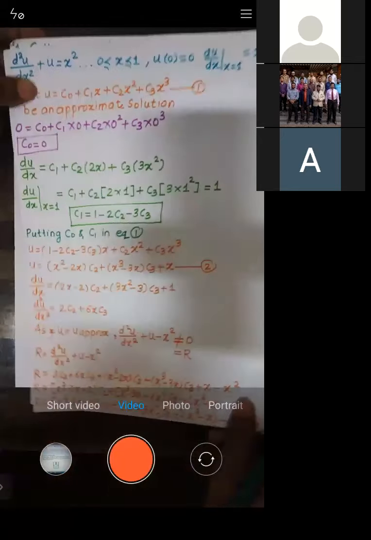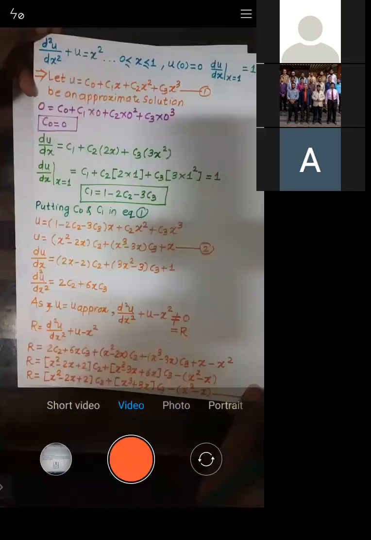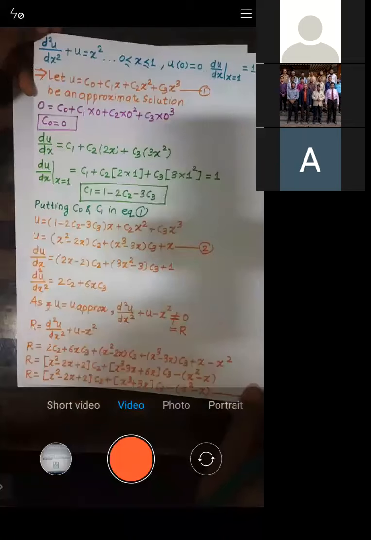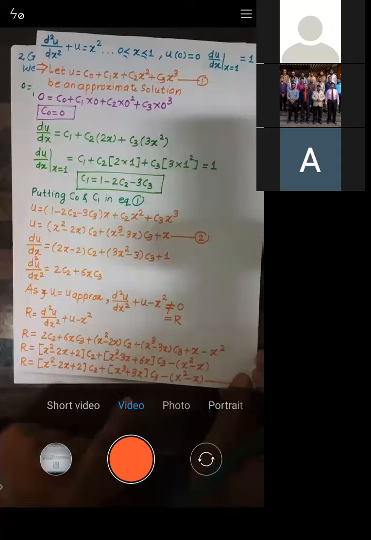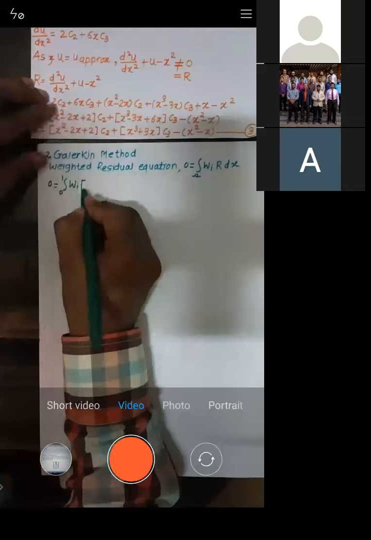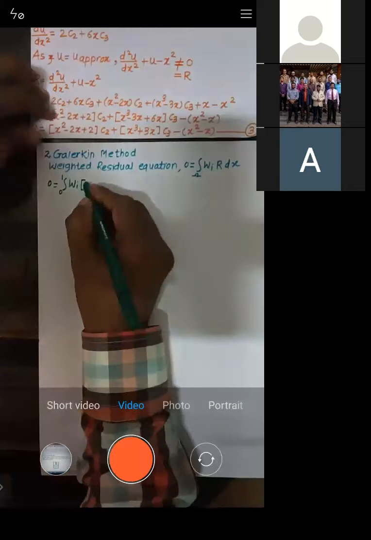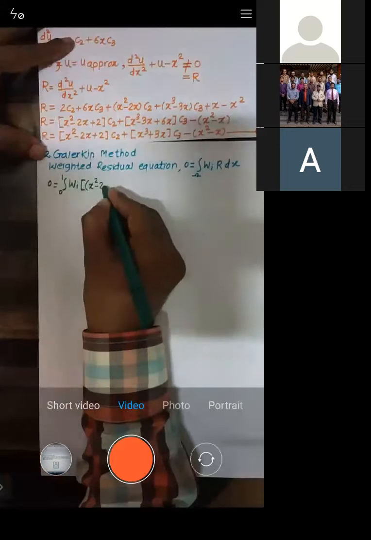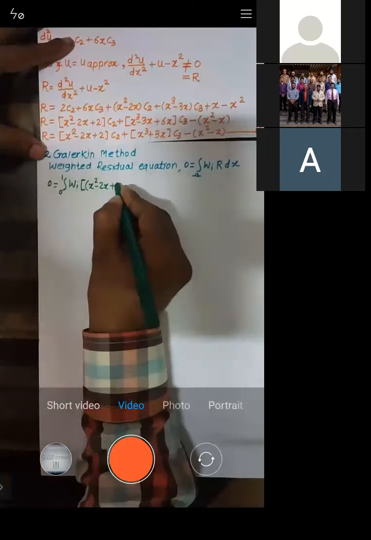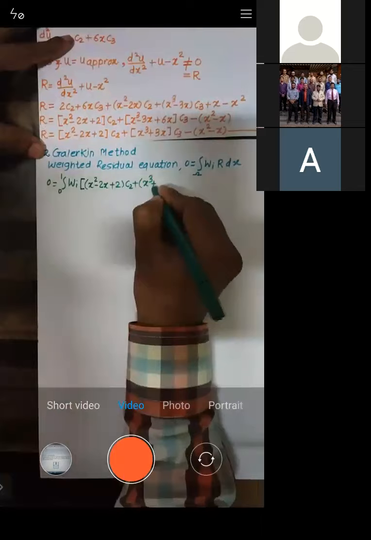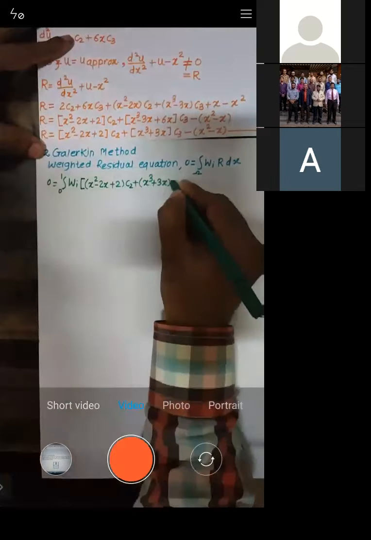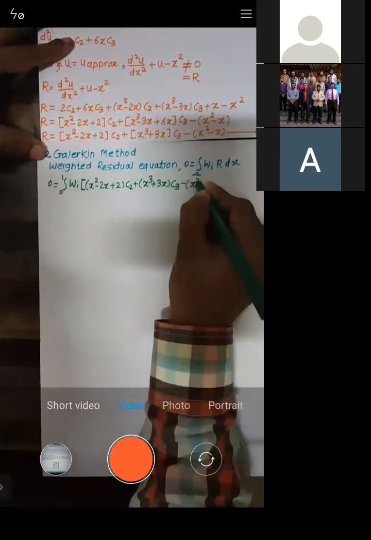As I told you, this calculation is common to any method. So let's take R. R is given as x square minus twice x plus 2 C2 plus x cube plus 3x C3 minus x square minus x.